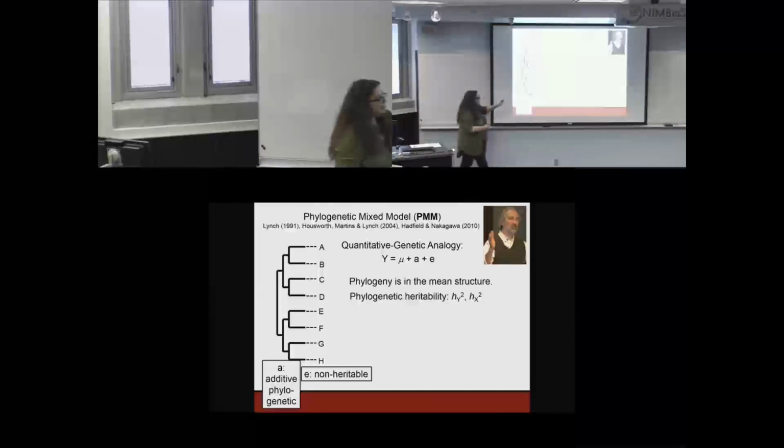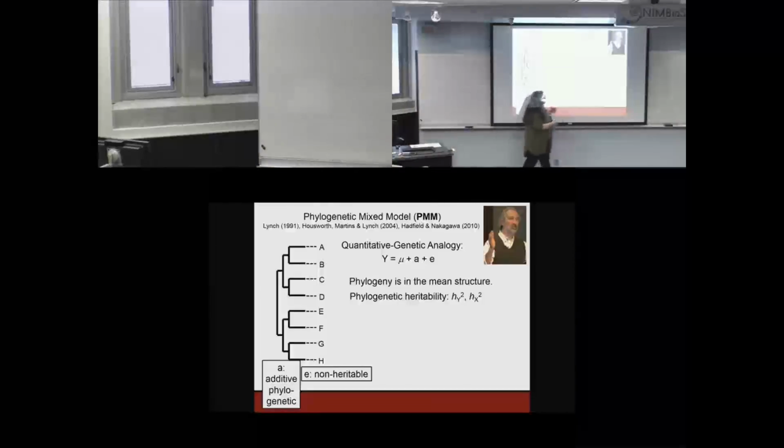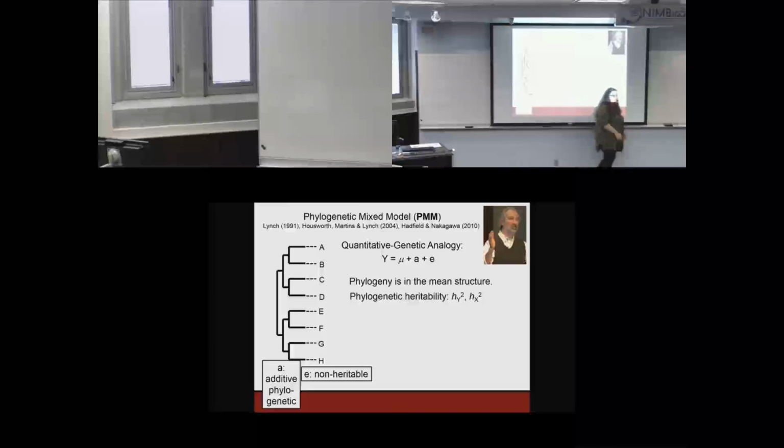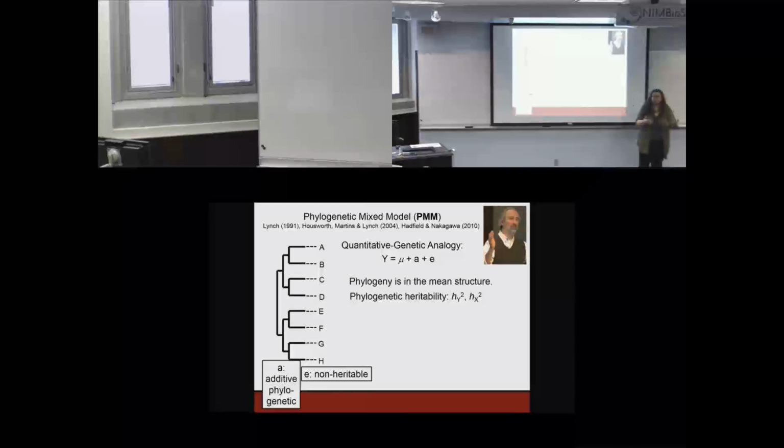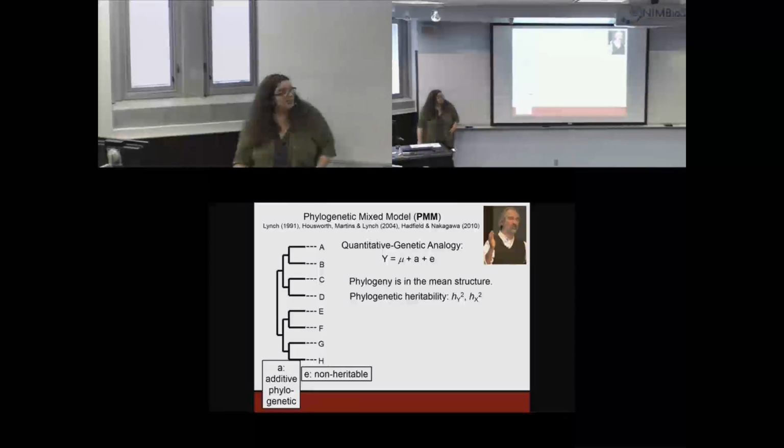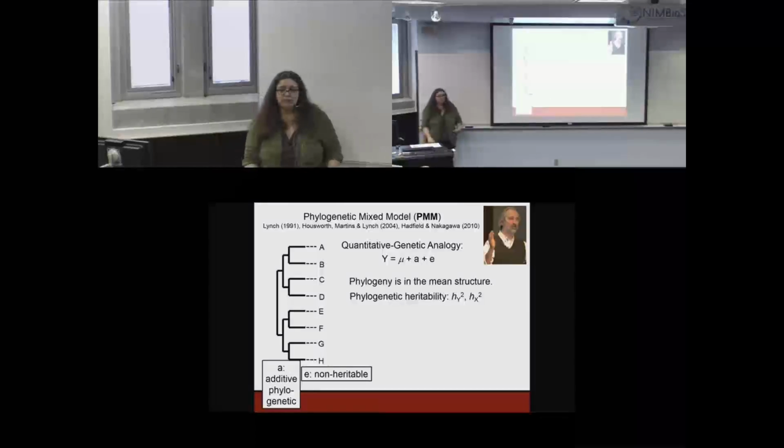This is an analogy because that specific effect, or the non-phylogenetic effect, may be genetically controlled, it may be genetically inherited, right? It's just not phylogenetically inherited, so it's not passed from ancestors to descendant taxa. But we can still estimate heritabilities for traits using this.